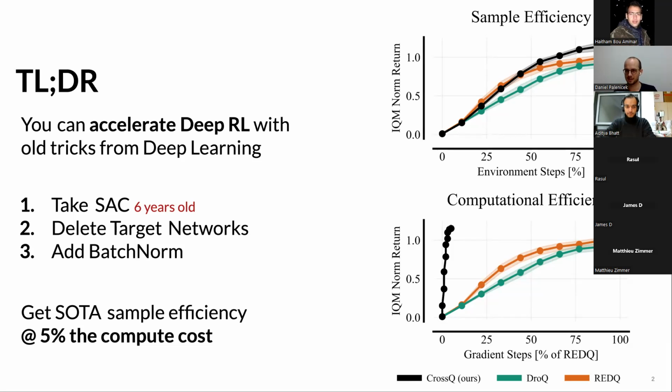These are aggregated performances over 6 MuJoCo environments. On the top, you see the sample efficiency where CrossQ outperforms the current state-of-the-art baselines. And on the bottom, you can see the computational efficiency, which is where CrossQ really shines. Just a question. So on the x-axis, you're drawing percentage of environment steps, right?